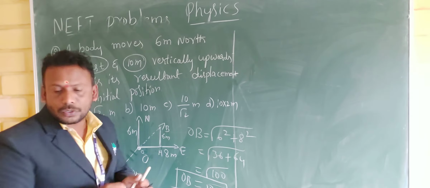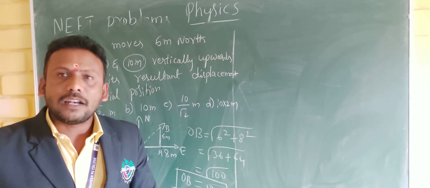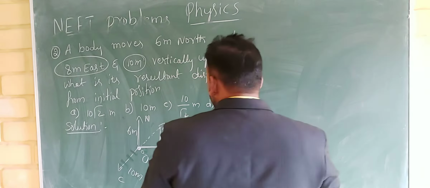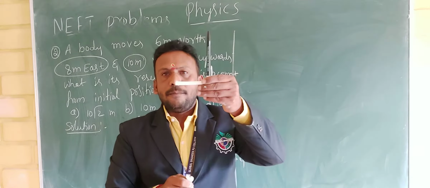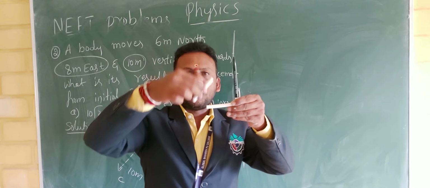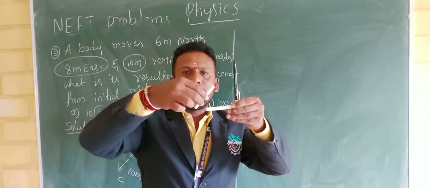Therefore, that is also in the form of a right angled triangle. These two are mutually perpendicular, and it looks like a right angle triangle. The resultant between initial position and final position is like this.